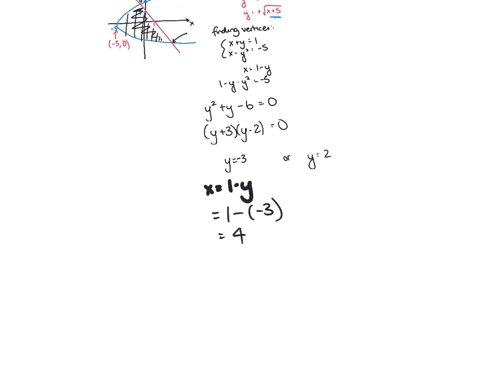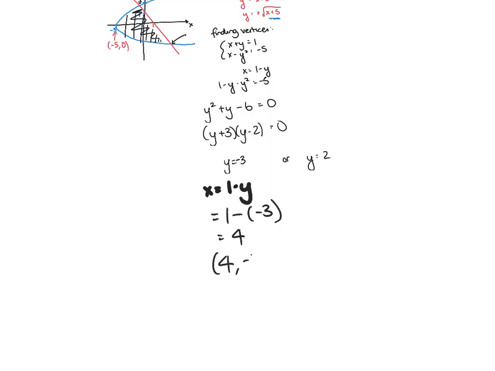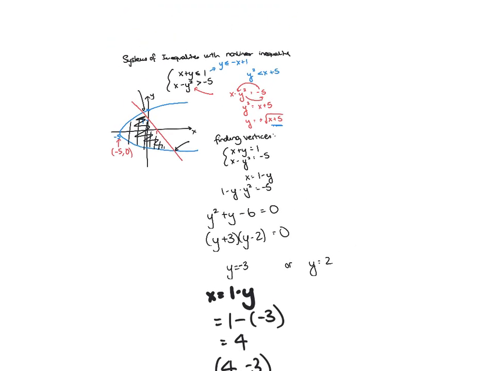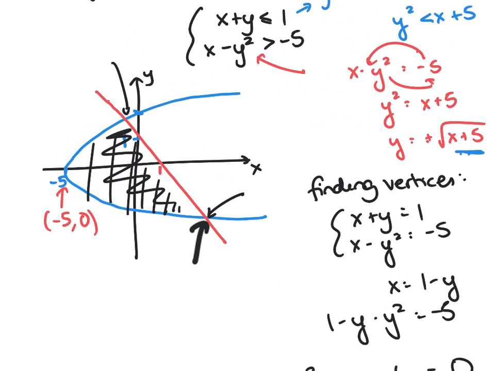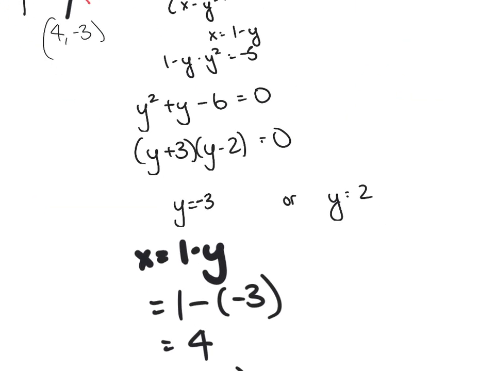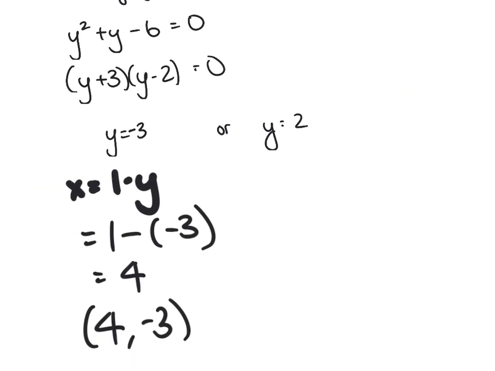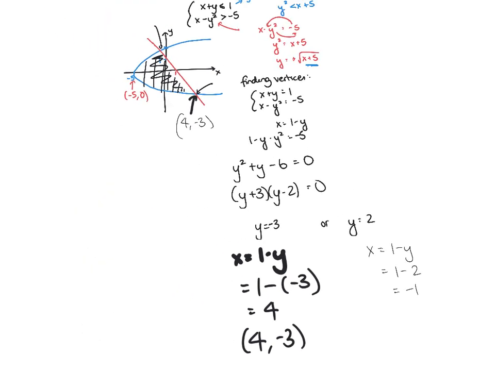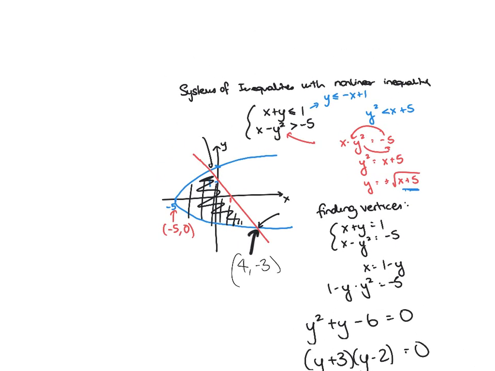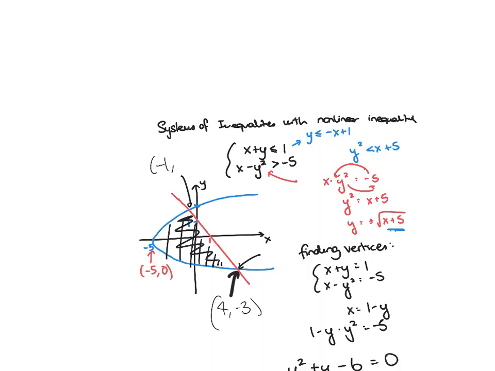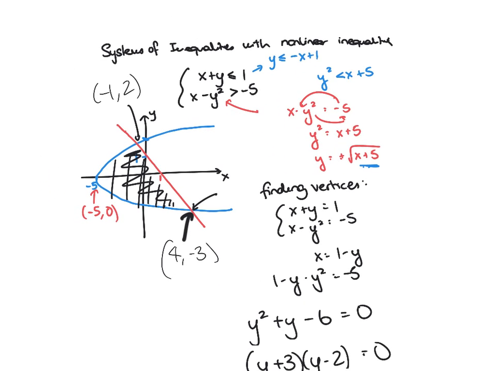So at this point, we'll be looking at 4, minus 3. The other one is y is 2. If x is 1 minus y, that's 1 minus 2, so that's minus 1. So x here would be minus 1, and y is 2. Those would be the vertices of this inequality.